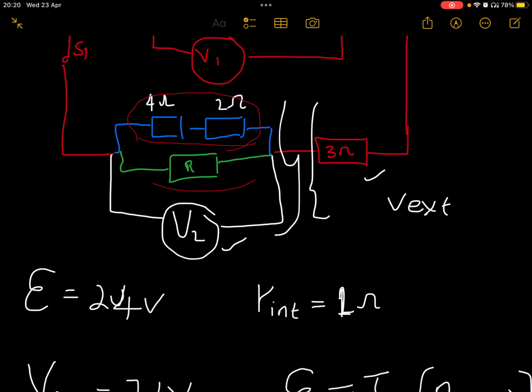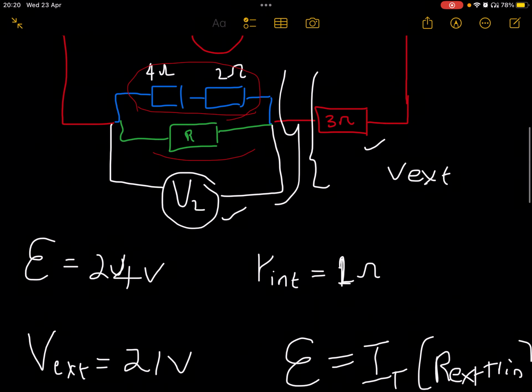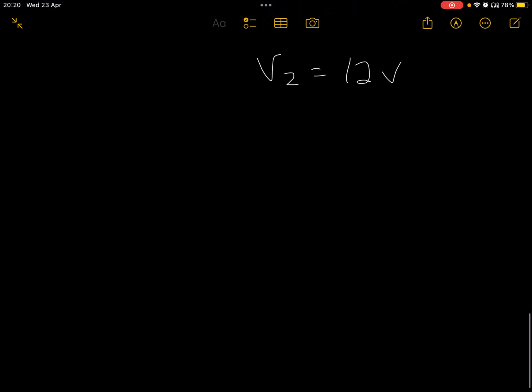The next question is asking us about the power dissipated by the resistor R. What do we know about resistor R? We just said that we now know the voltage.